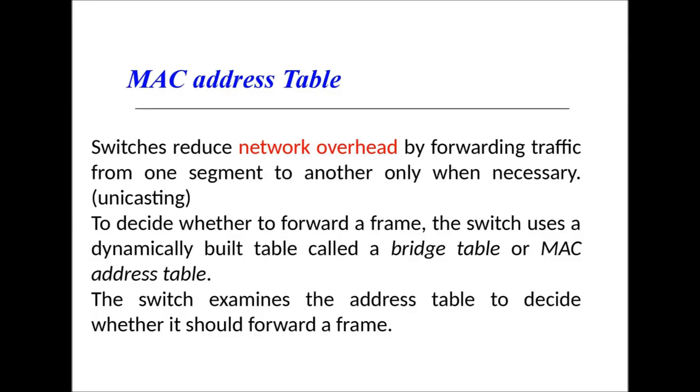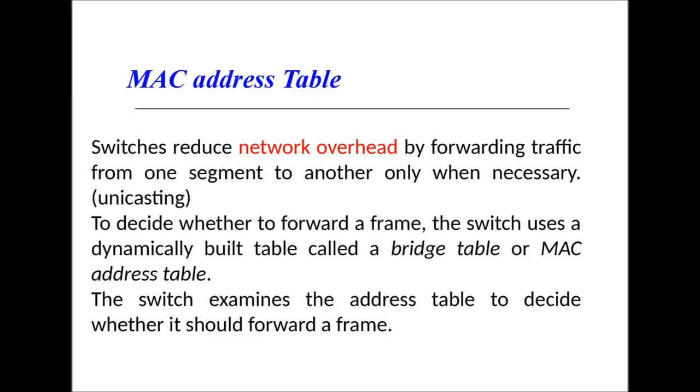Whenever we power on our lab computers and the switch is started, all the computers will be connected to the switch, and all the MAC addresses of these computers which are connected to the switch are saved in a specific table which is called the MAC address table.